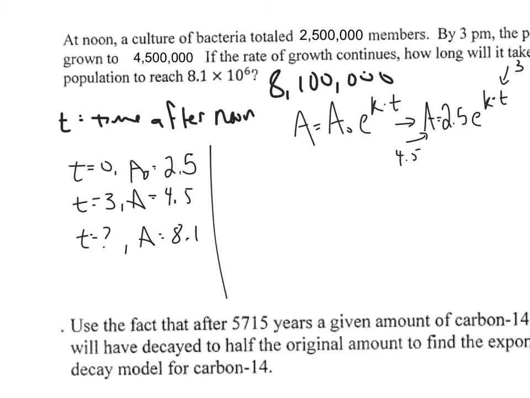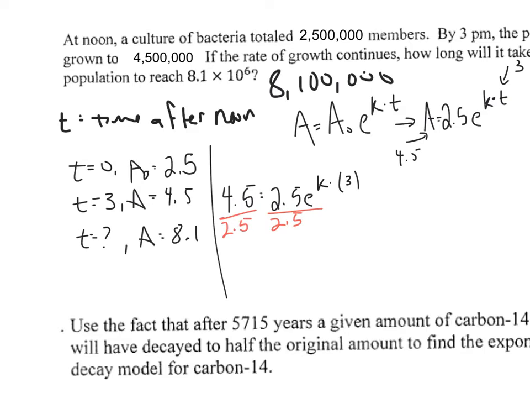So we can set up the equation: 4.5 is equal to 2.5 times e to the k, which we still don't know, times 3. That's the piece we don't know. We're going to use our solving techniques from the past couple weeks. The first thing we do is divide by 2.5, because we want to isolate that exponential.